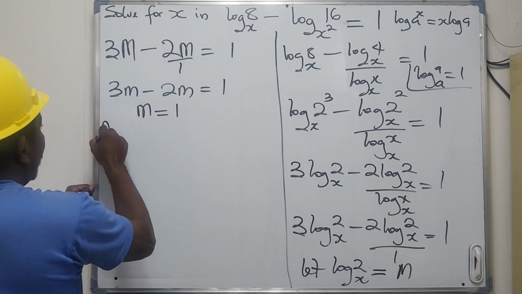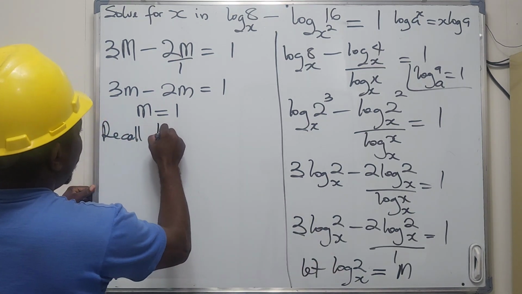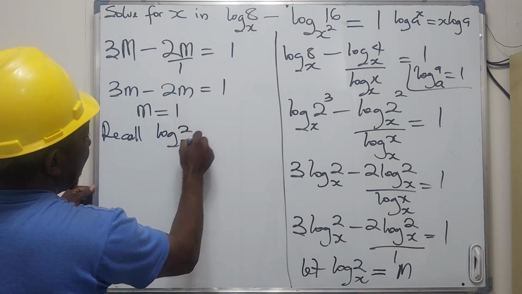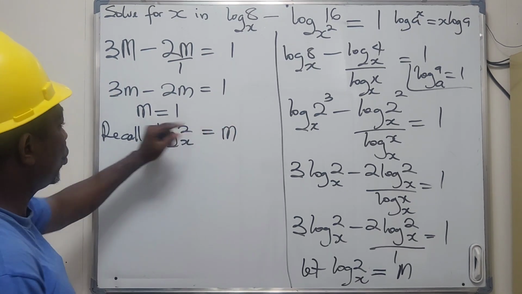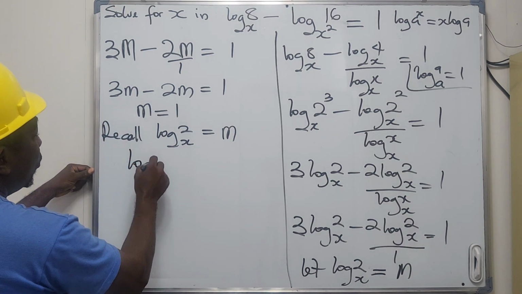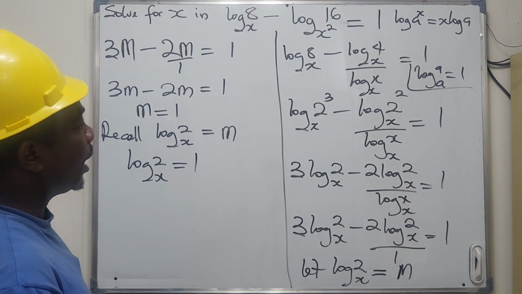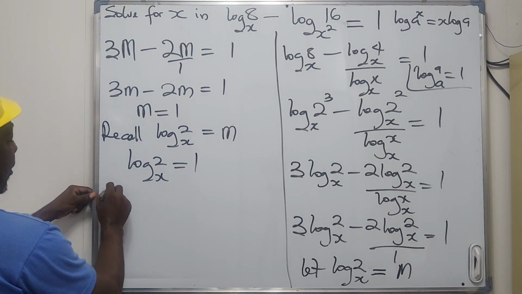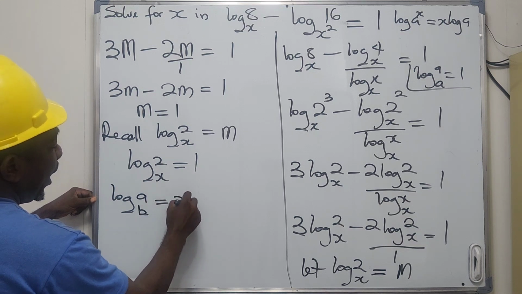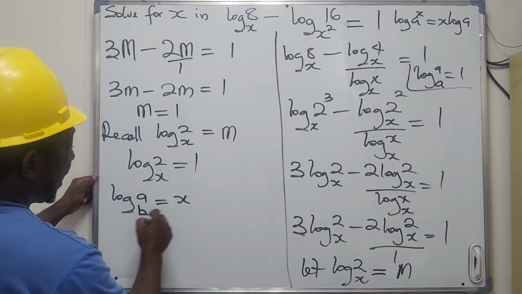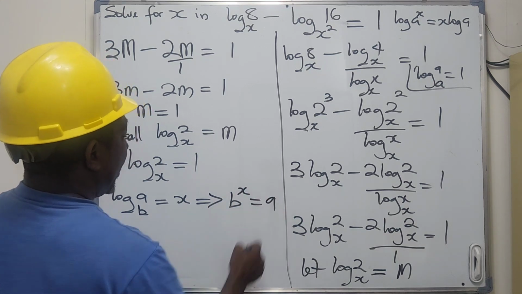So we recall that we set our value of m when we have log 2 base x equals m. In this case, our m equals 1. So what we write is log 2 base x equals 1. We recall another law that says when we have log a base b equals x, therefore this can be written as b to the power of x equals a.